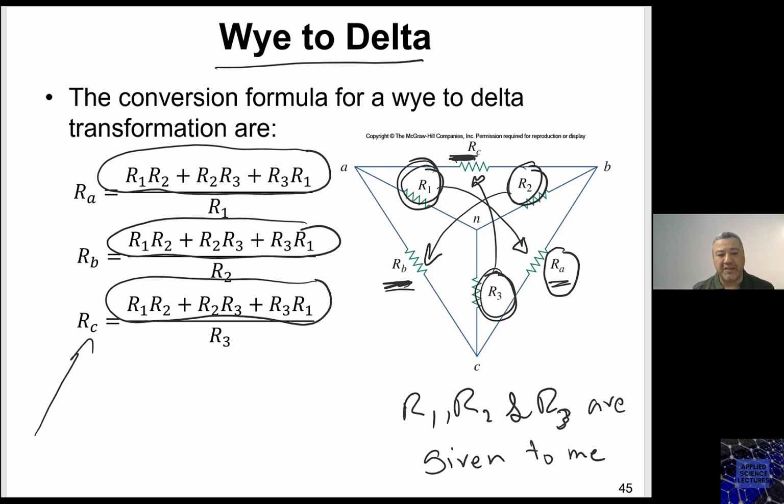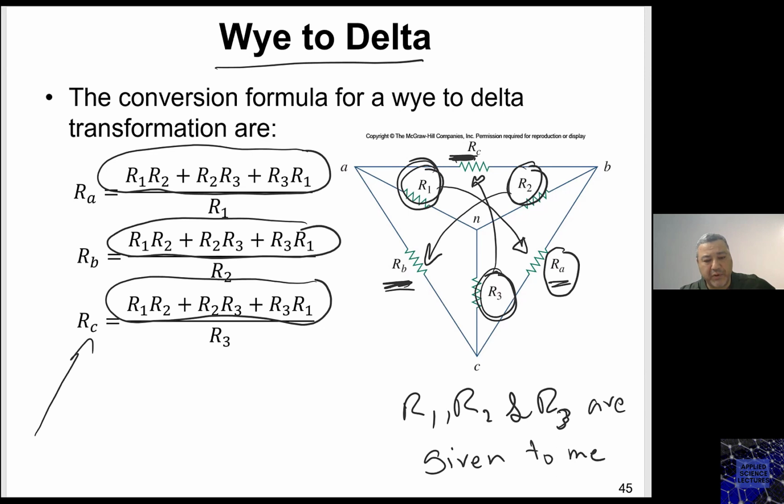Otherwise, if you understand how to go from delta to Y, from Y to delta, you don't really need to worry about those equations. You can derive those expressions based on your understanding of the Y delta and delta Y transformation. Any question about Y delta and delta Y transformation so far?